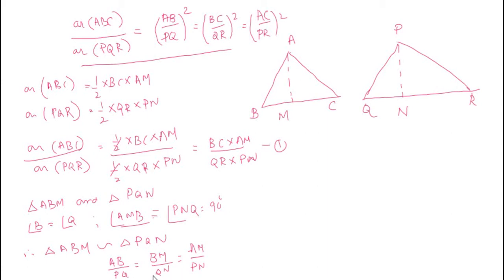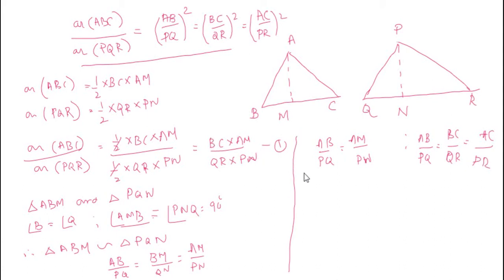Now we have AB by PQ equal to AM by PN. Since the two triangles are similar, we have AB by PQ is equal to BC by QR is equal to AC by PR.